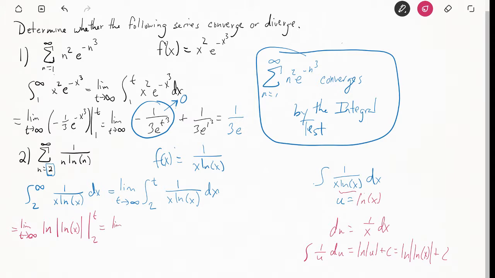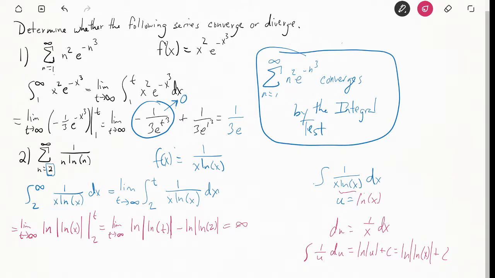So this is the limit as t approaches infinity of the natural log of t minus the natural log of 2. By the way, when you take a log of a log, things slow down drastically, so keep that in mind. But even with them slowing down, as t goes to infinity, this whole thing equals infinity.